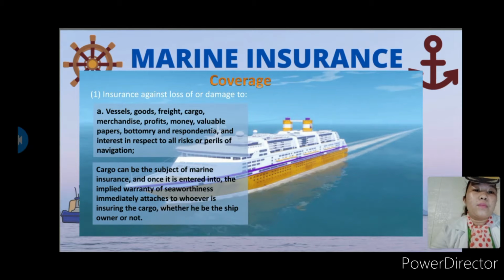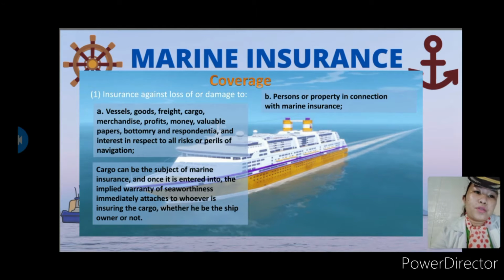So the cargo can be the subject of marine insurance, and once it is entered into, the implied warranty of seaworthiness immediately attaches to whoever is insuring the cargo, whether he be the ship owner or not. So later on, we will be talking more of the seaworthiness of a vessel.